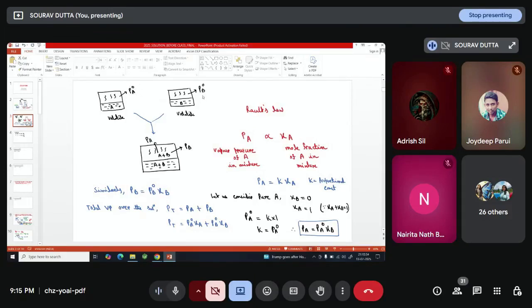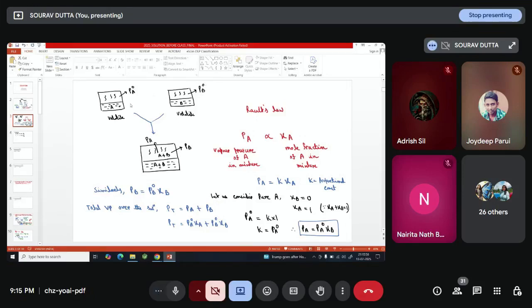Another, there is a B, pure B. It is also a volatile liquid, so pure B is present. So this liquid can also form some vapor, and the vapor pressure over pure B is represented by PB naught.